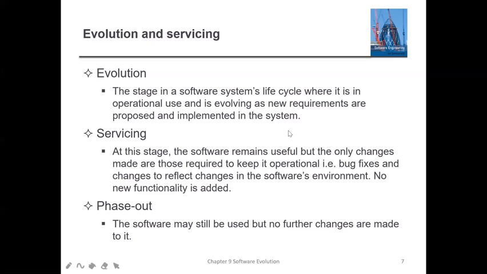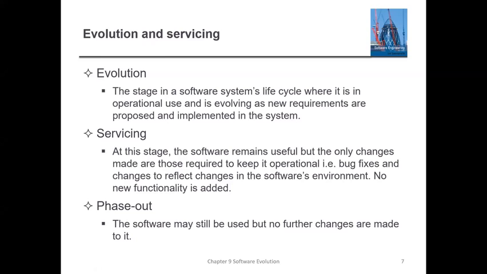If we have new requirements, they can be proposed and implemented in the system. This is just the evolution of software: if you have any new requirements, how you deal with them. In the next step you can see the servicing part. What is happening in servicing? This is the next stage. Here the software remains useful, but you only make the changes needed to keep it operational.